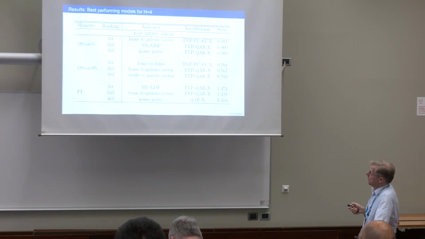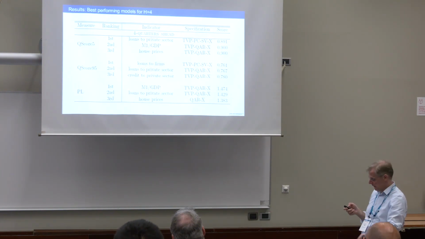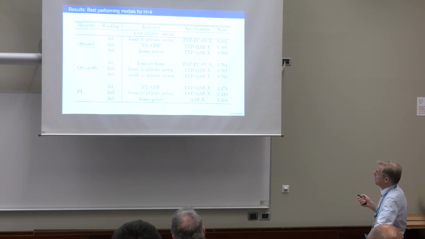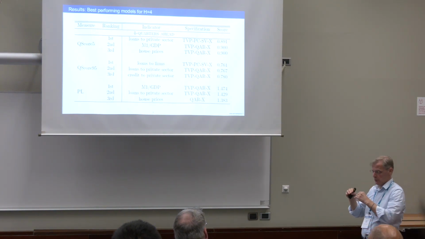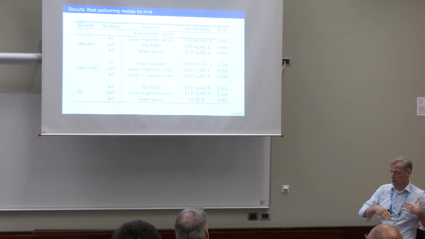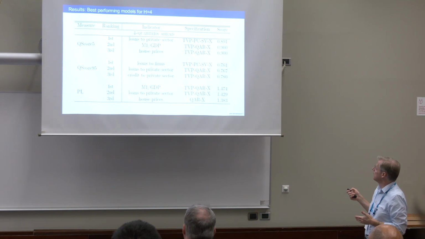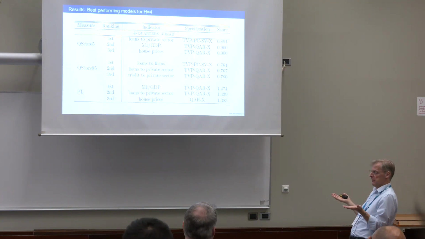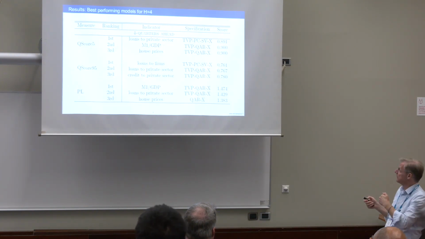Let me concentrate on the two tail risks, and we show the three best ranking models among these 160 models we estimate for forecasting. Let me also explain the rankings based on the score, which is the ratio of the quantile score of this model compared to the AR2. If it's lower than 1 for the two tail risks, it means that the forecasting performance is better than the AR2 model, and the lower it is, the better.